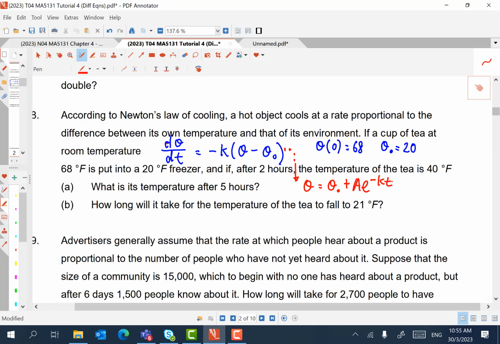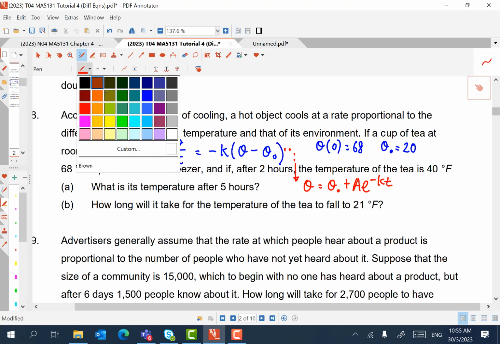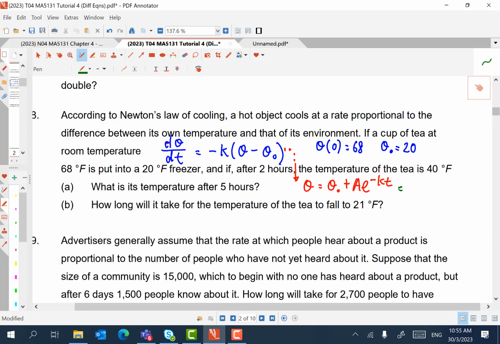Can you solve it and see whether or not it is truly this? And then you want to obtain that the particular solution is theta equals to 20 plus 48 e to the power minus kt.